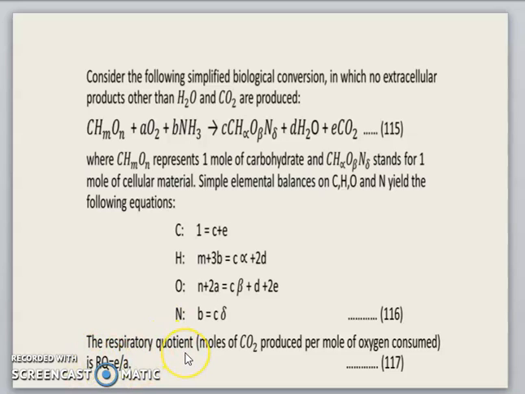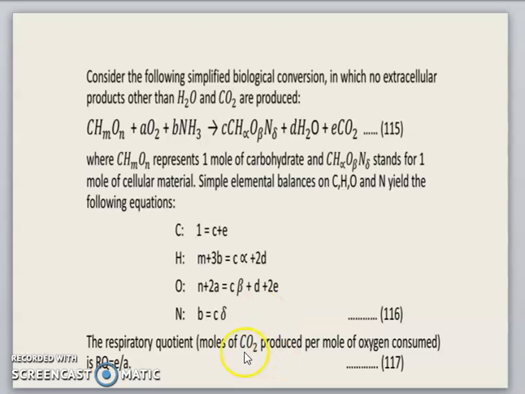The respiratory quotient, RQ, is the moles of carbon dioxide produced per mole of oxygen being consumed. So it will be based on this stoichiometric equation. RQ is E, carbon dioxide, per mole of oxygen, A. So E over A. It depends on the number of molecules.